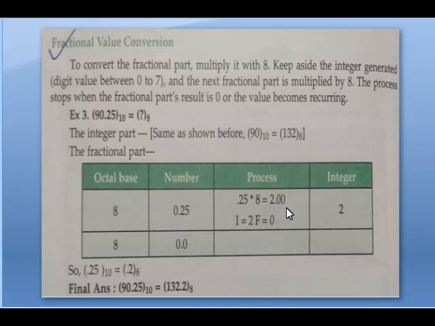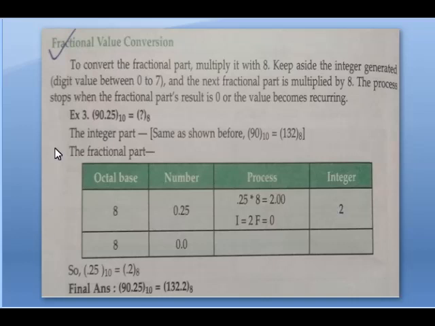So we have to stop here. When the fractional part becomes 0, the process will stop. So the answer is 90 means 132 and 0.25 means it is 2. Okay students, this is how we convert numbers from one base to another.